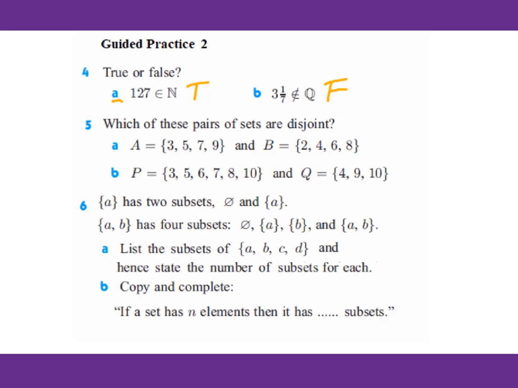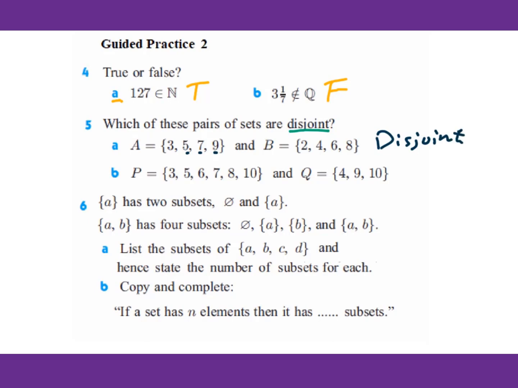Which of these pairs of sets are disjoint? Disjoint means nothing in common. Therefore, for A, just check 3, 5, 7, 9, 2, 4, 6, 8. Yeah, this is a disjoint set.